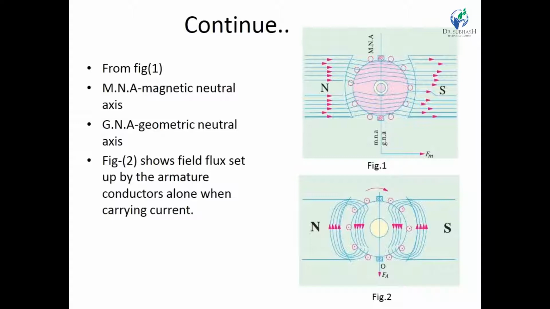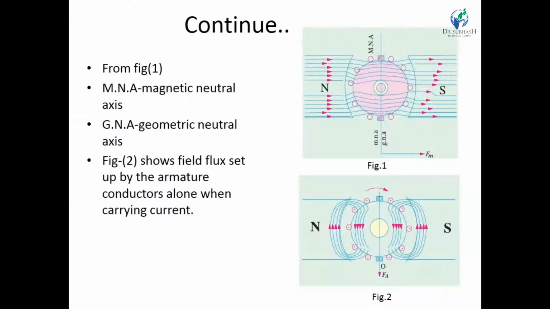Now we discuss the demagnetizing effect. In cross-magnetizing, the increase in flux strength at one end of the pole is equal to the decrease in flux at the other end, so there is no flux loss.